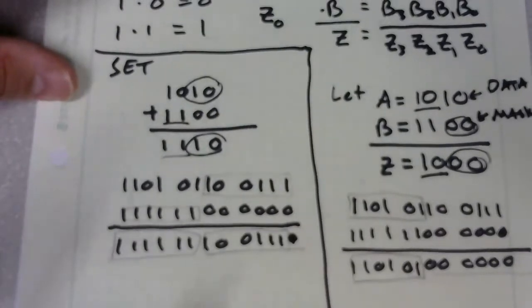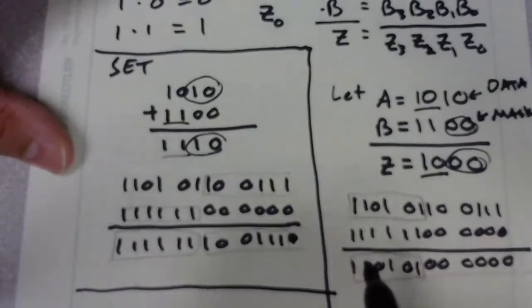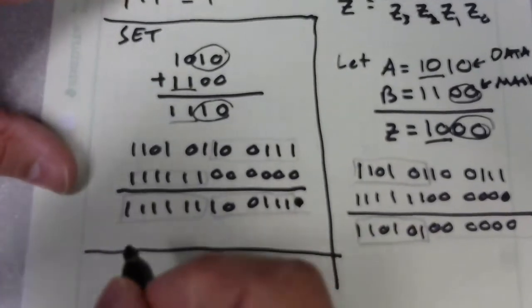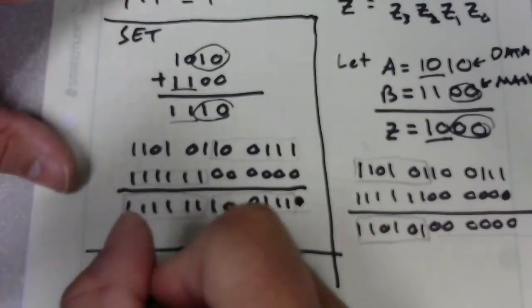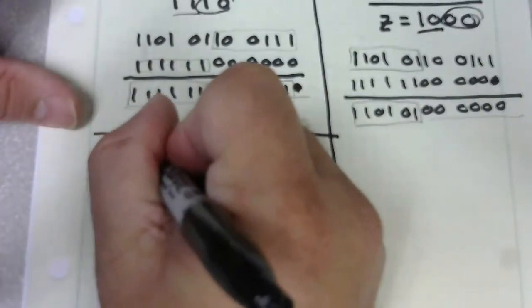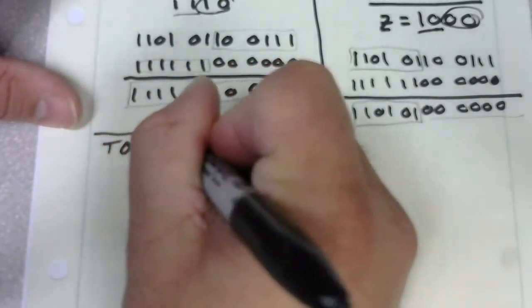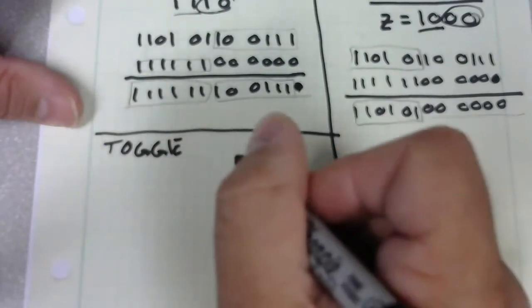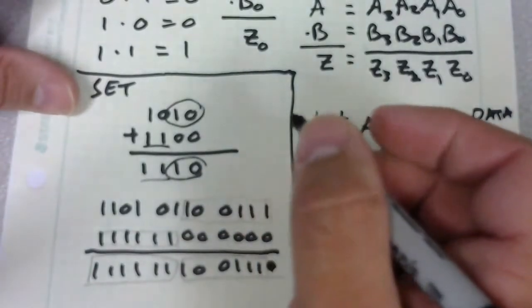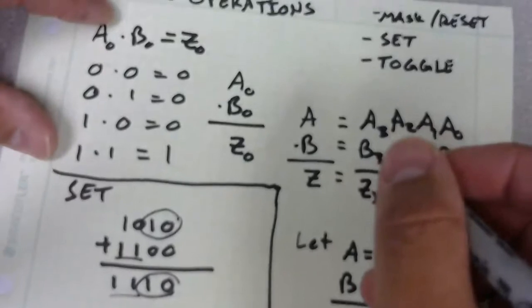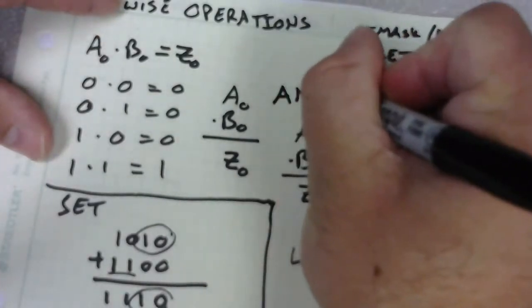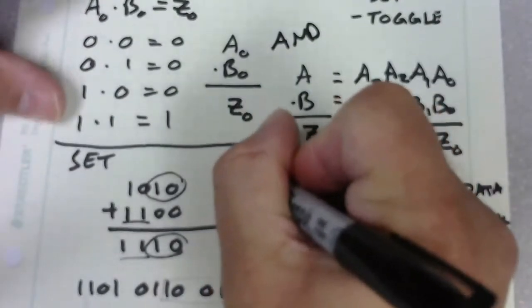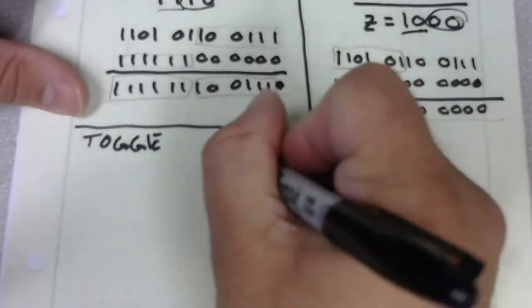Now, the next one is our exclusive OR, which is when we're toggling. So first off, the first one was an AND. This was OR. And now we're doing XOR.